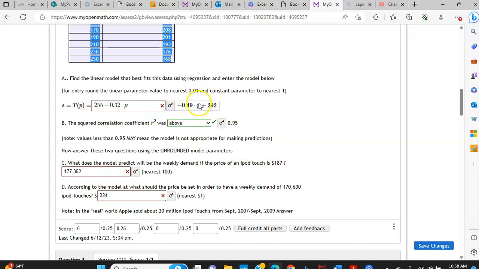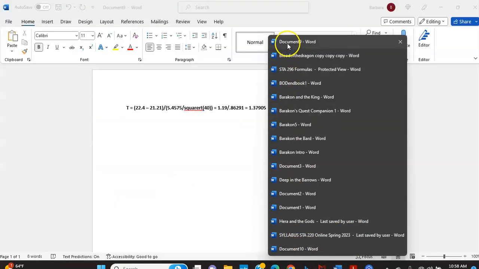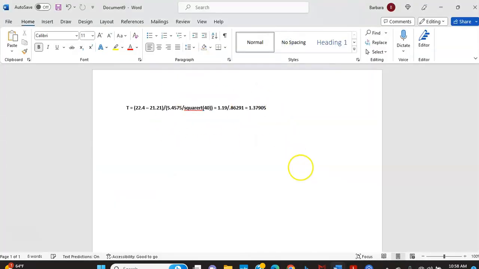Now let's notice our price is P, so we're going to plug 187 in for P. We're plugging it directly into the new linear formula: negative 0.49 times 187 plus 292. We'll end up getting 200.37.